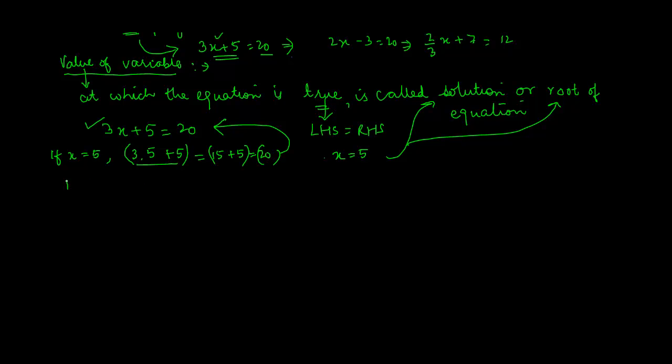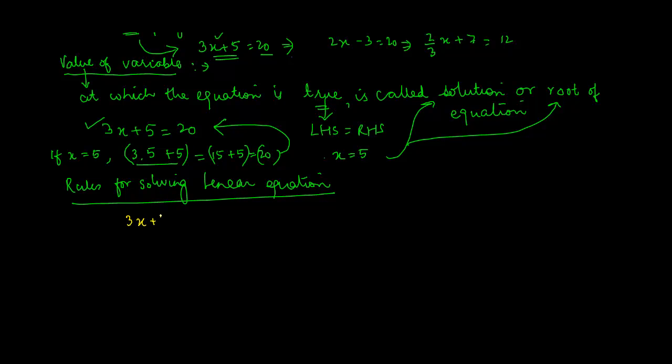Now there are certain rules that one can follow as you go through these equations. And what are these rules? We will take this example of 3x plus 5 is equal to 20, x is equal to 5.